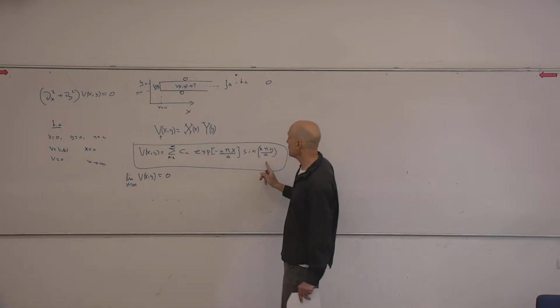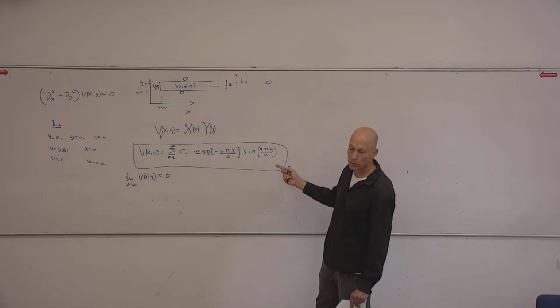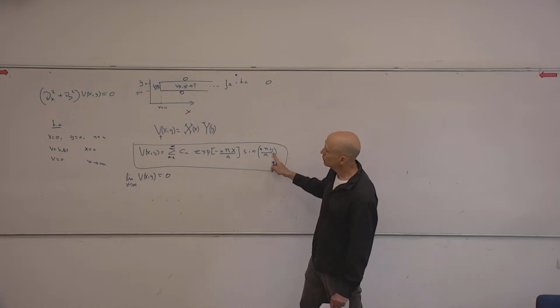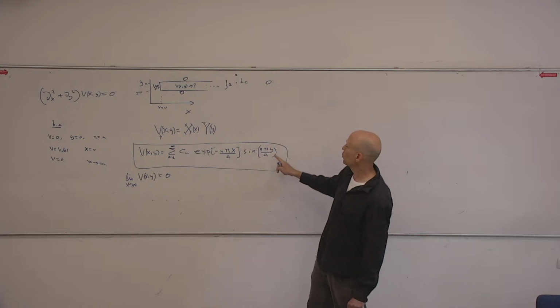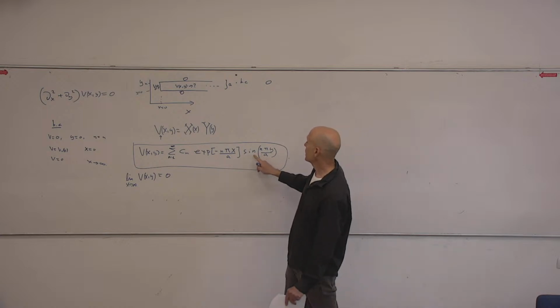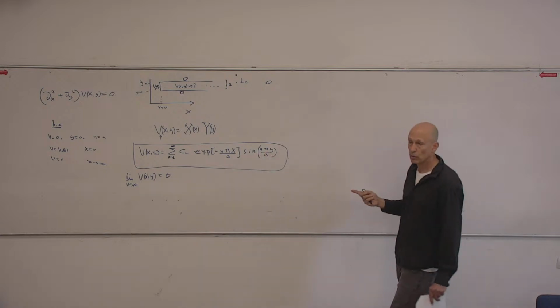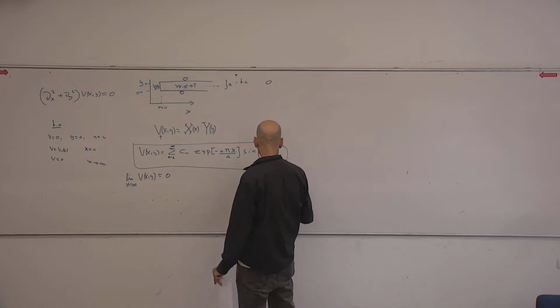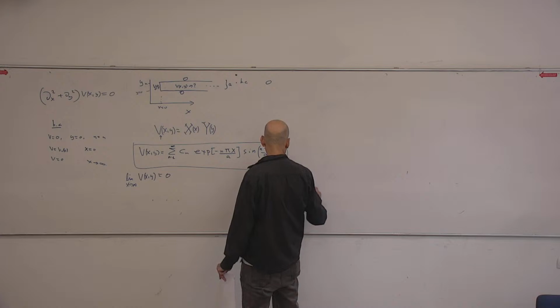And does this satisfy the boundary condition? The answer is yes, this is where it came from. When y is equal 0, this sine is 0, and when y is equal a, sine n pi is also 0. So this gives you the boundary condition at y equals 0 and y equals a.